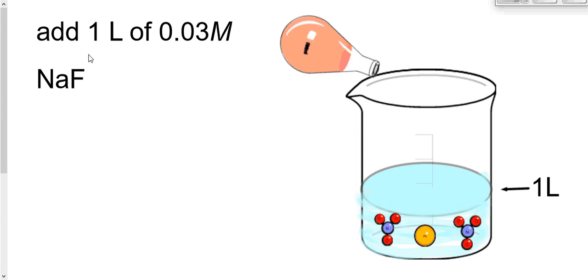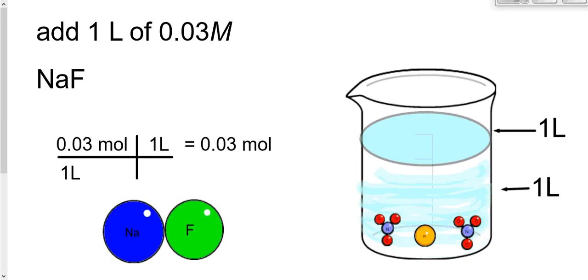We're now going to add to this a liter of 0.03 molar sodium fluoride. This is going to add another liter of liquid to the solution. In this second liter of liquid, we have added 0.03 moles of every 1 liter, times the liter we added. We've added 0.03 moles of sodium fluoride.